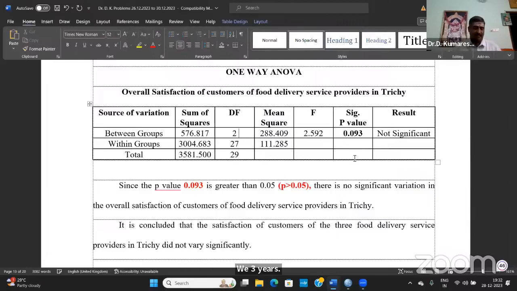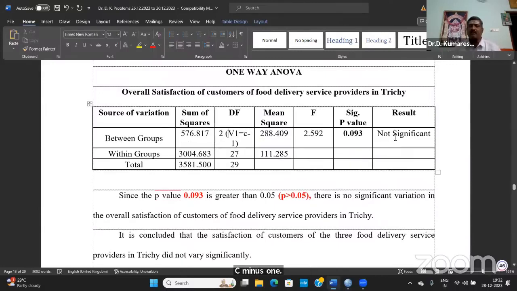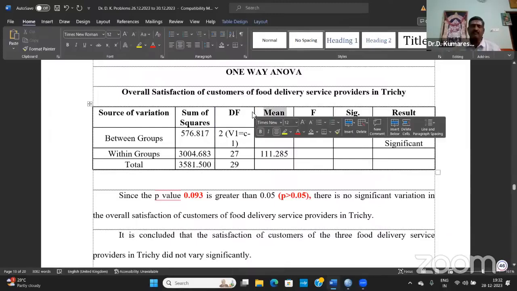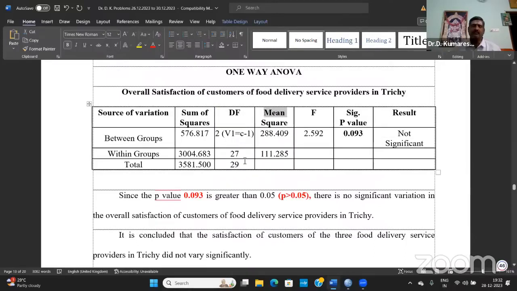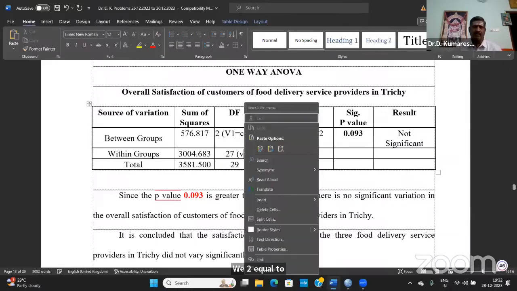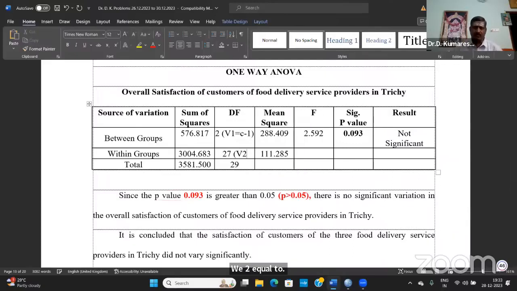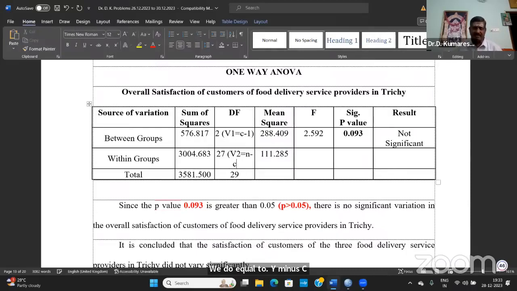So here V1 equal to C minus 1. V2 equal to N minus C. What is V3?